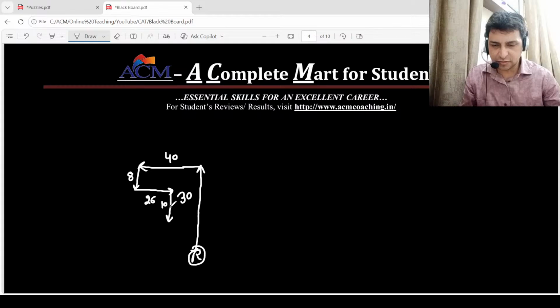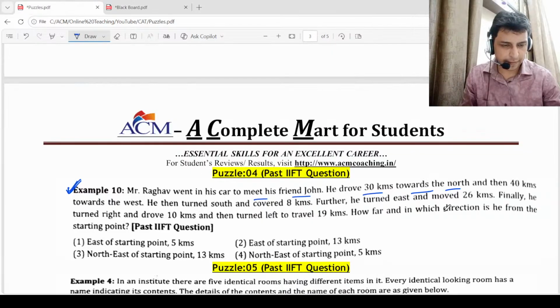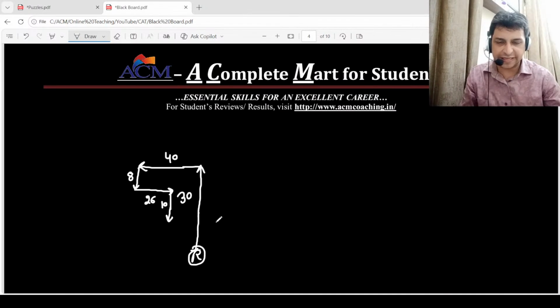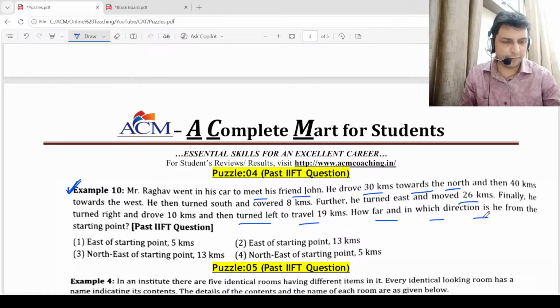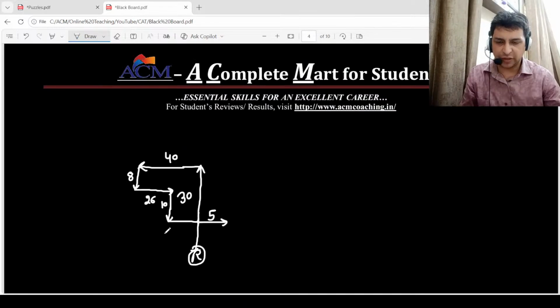Now post this, what exactly does he do? Finally turned right and drove 10 kilometers and then turned left for 19 kilometers. So this is 26 and 14 here till 40, and 19, that means 5 more. He comes here. How far, which direction is he from the starting point?